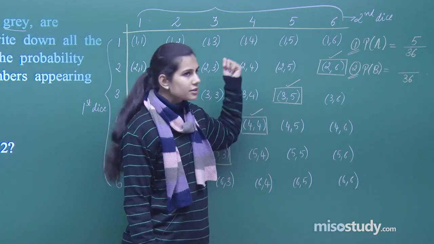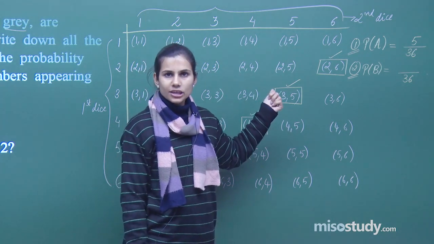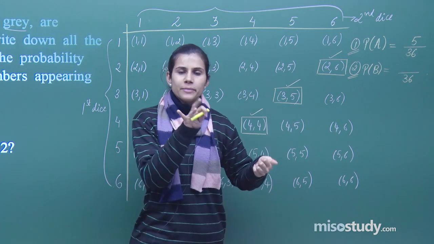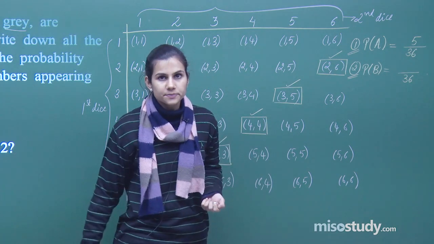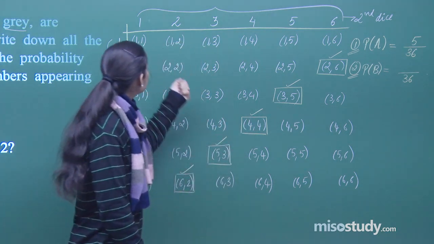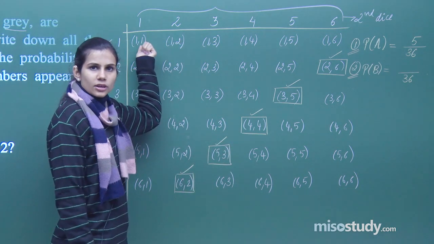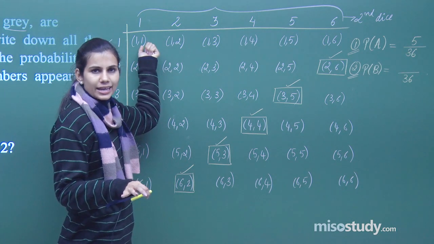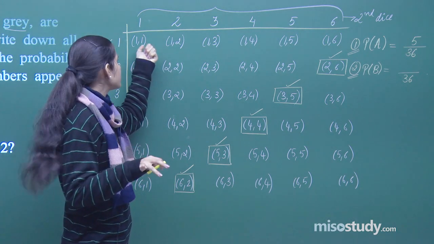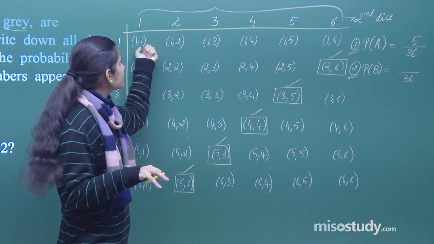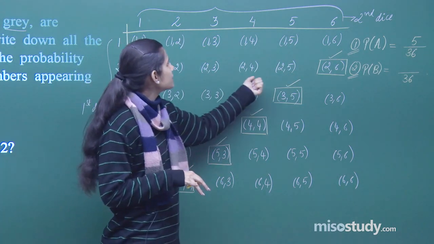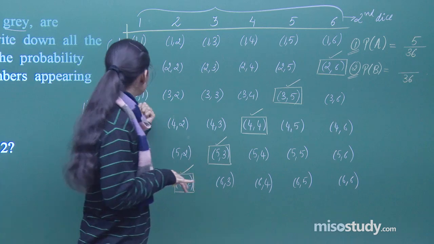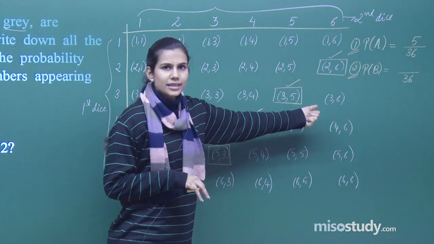How many are those outcomes which are representing two numbers on the two die such that when you add them, you get 13? See, the minimum sum that you get when the two numbers pop up on the two die is 2. You get the sum as 2, 3, 4, 5, 6, 7, then 3, 4, 5, 6, 7, 8, then 4, 5, 6, 7, 8, 9, that is the sum.